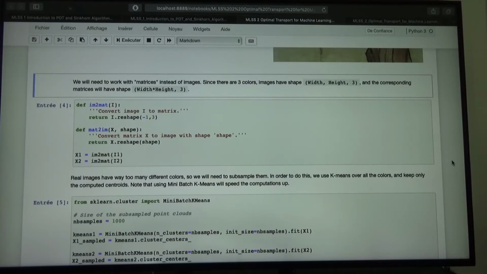So we have to only have a 2-dimensional array, right? We have a list of points, so we just have to reshape all our images into vectors. So it's just a reshape, and then we're going to have to do the inverse transformation because in the end we'll get some vector and we want to get an image. Okay, so that's just a reshaping operation.